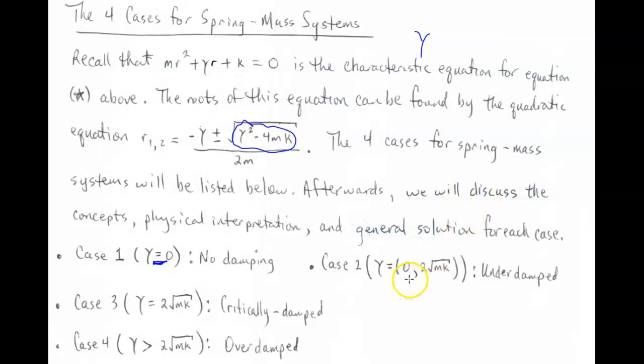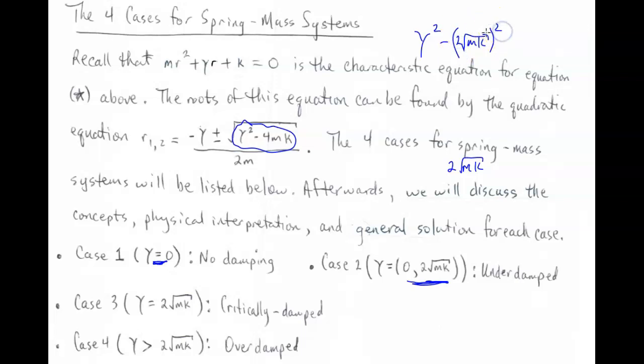We have case 2, where our damping coefficient is going to be in between these values here. So this is 2 times the square root of the mass times our spring constant. We take the mass times spring constant, take the square root of that, and then multiply that by 2. If you look at our discriminant, which is gamma squared minus 4mk, notice that 4mk is the same thing as 2 times the square root of mk, squared.